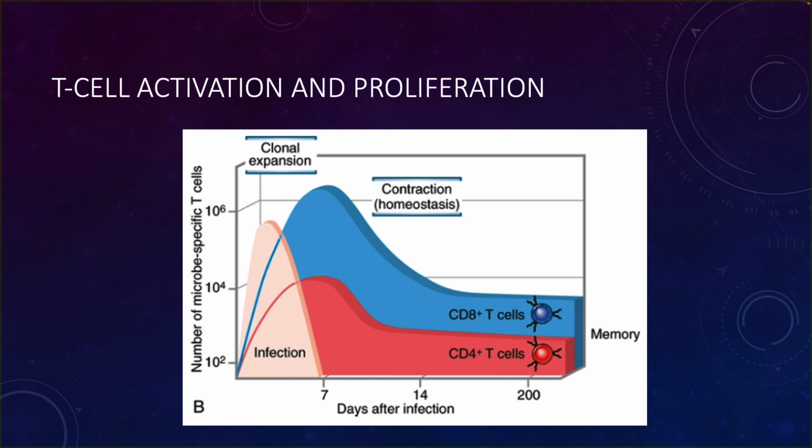The thing that's important to remember about the antigen-specific immune system is that it takes time during the primary infection for this antigen-specific immune response to occur. So you see the peak is days after the infection has started.